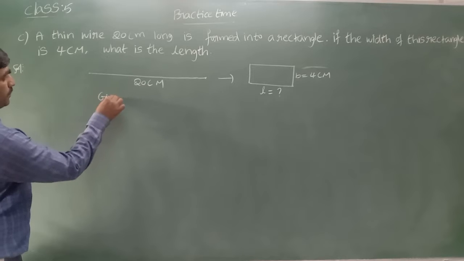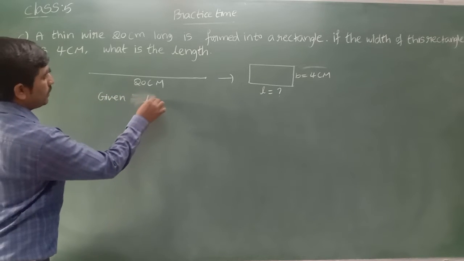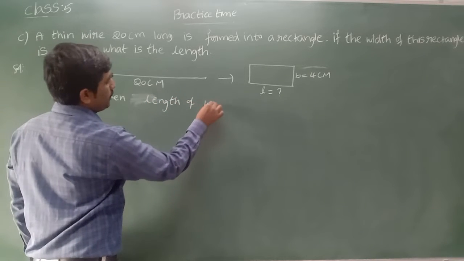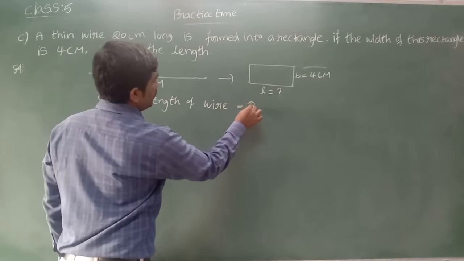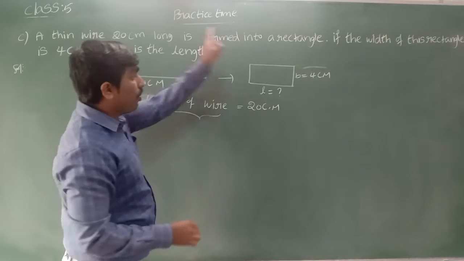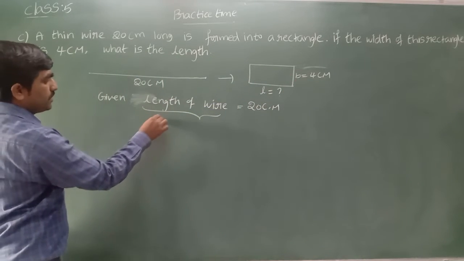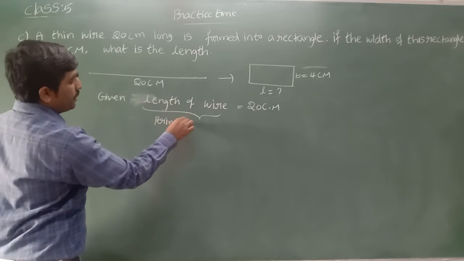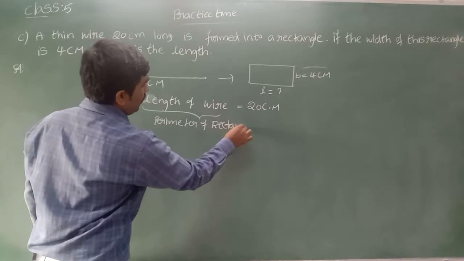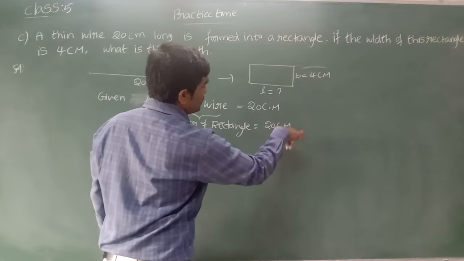So writing here, given perimeter of rectangle, or we can write length of the wire, is equal to 20 centimeters. The length of the wire becomes the total length of the boundary of the rectangle, which is the perimeter of the rectangle, 20 centimeters.